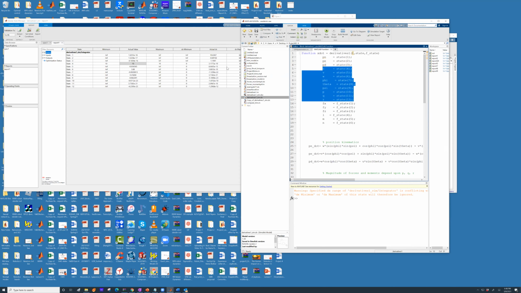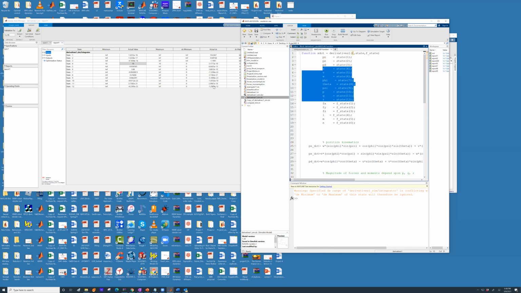The derivative of state 4 is 3 e to the minus 10. The derivative of state 5 is 8 e to the minus 13. The derivatives of states 6, 7, 8, 9, 10, 11, 12, all these are very close to 0.